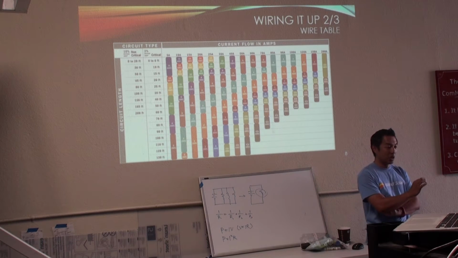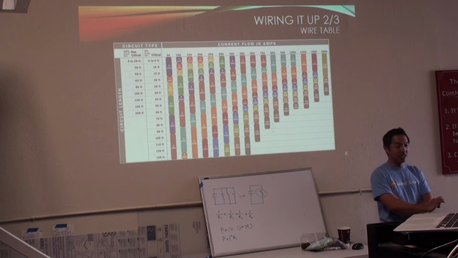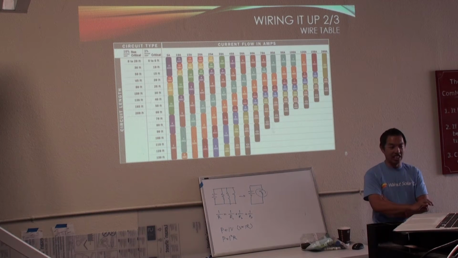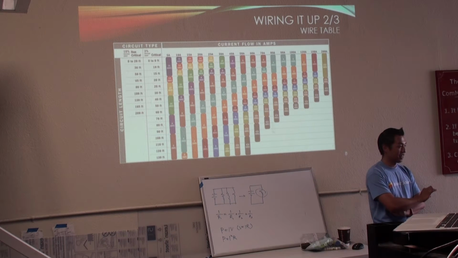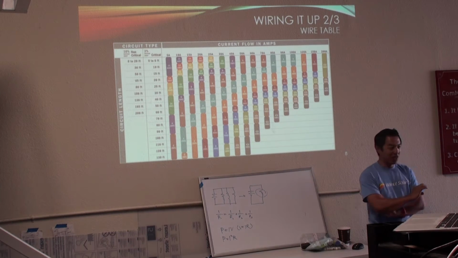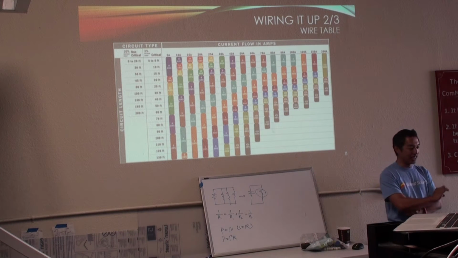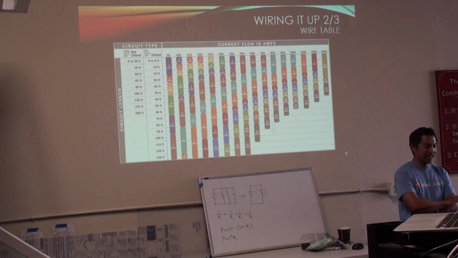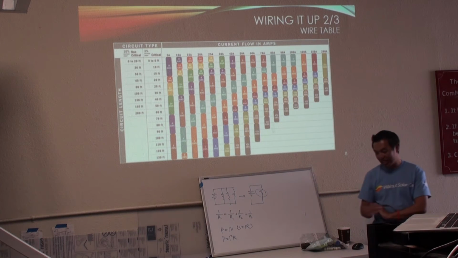What we said is the more current that you have to drive through it, the thicker the cable. But the second thing, interestingly enough, is distance. Does anyone have a guess as to why distance matters in terms of wire sizing?